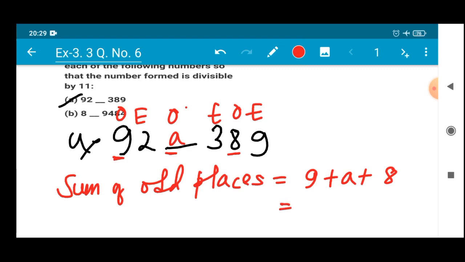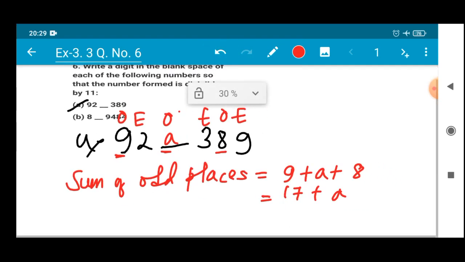So these are the numbers in the odd places. I cannot add 9 plus a because a is an alphabet, and an alphabet and a number cannot be added. Only numbers and numbers can be added. So 9 plus 8 will be 17, and the alphabet will remain as it is. I hope this is clear to everyone.